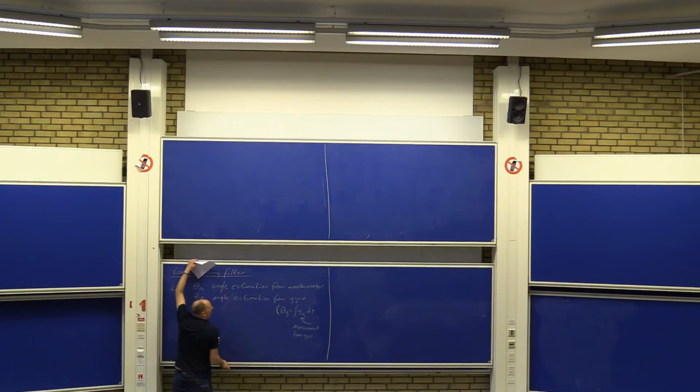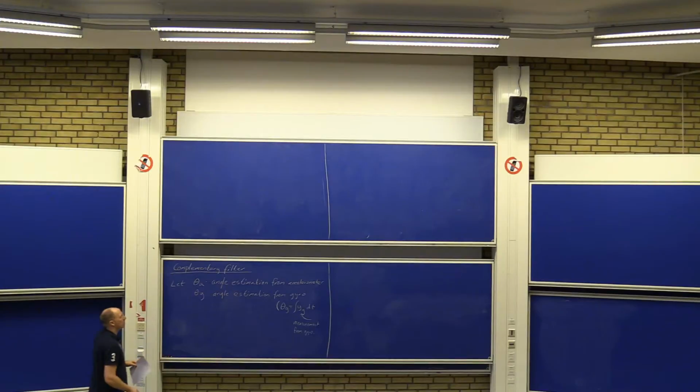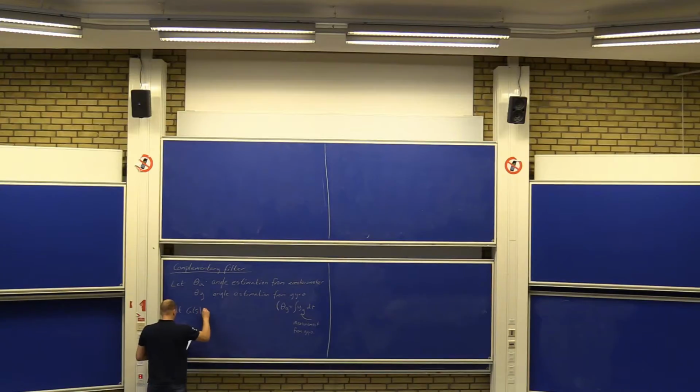And then we said before the break that we would like to do a low pass filtering on the accelerometer and a high pass filtering of the gyro. So we will introduce a transfer function here, G of s, 1 over alpha s plus 1.